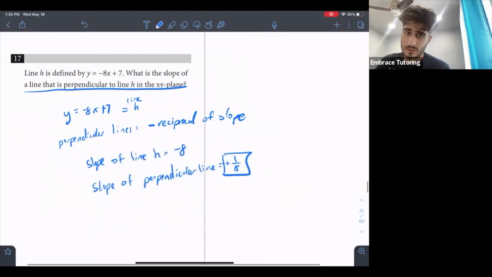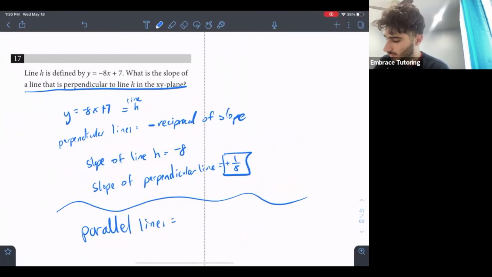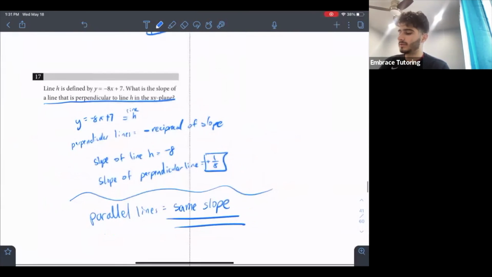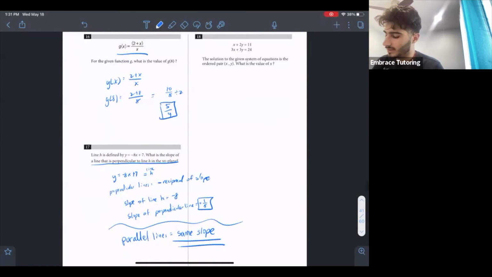And then let's say the question asks for parallel lines. Parallel lines have the same slope. So yes, that's how you do question 17.